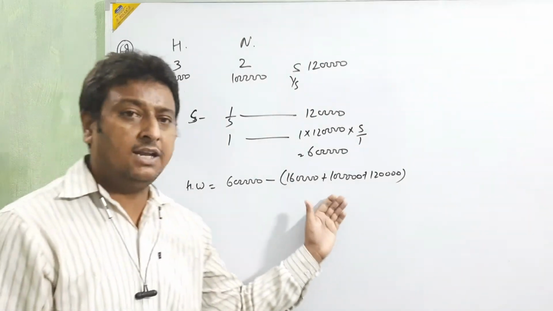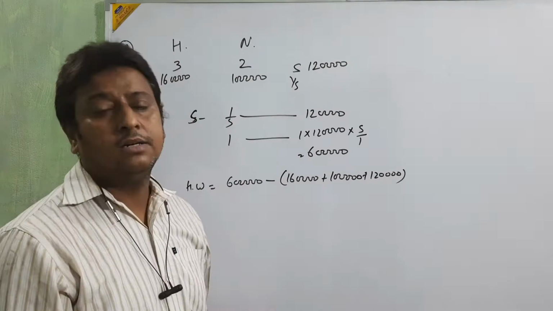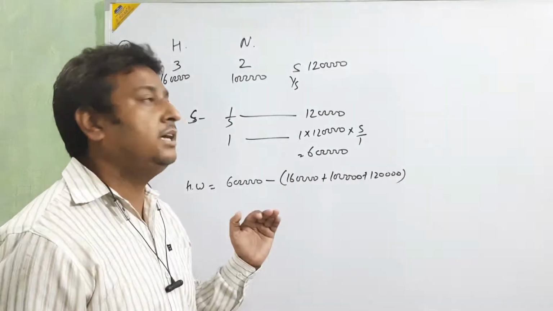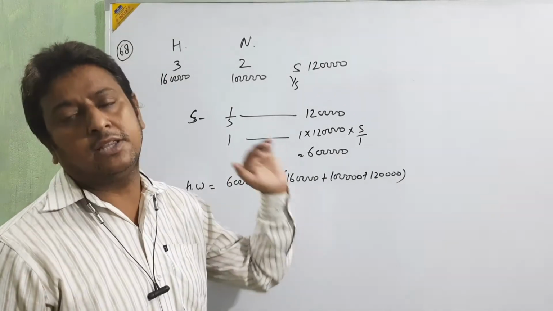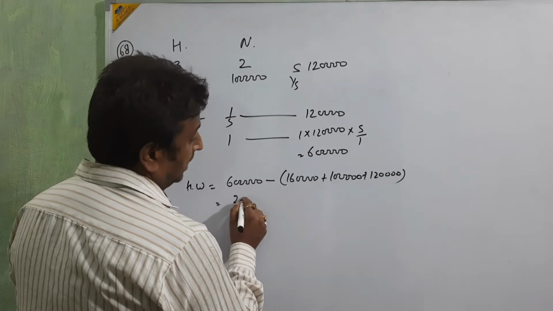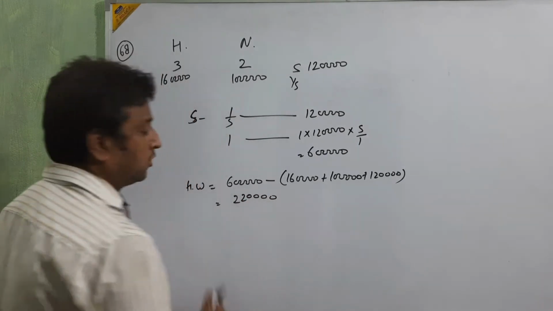If any goodwill or any other profit or loss is given, we also include that, because all the funds related to the partners we include here. The difference amount is 2,20,000. Okay beta, this is the hidden goodwill.